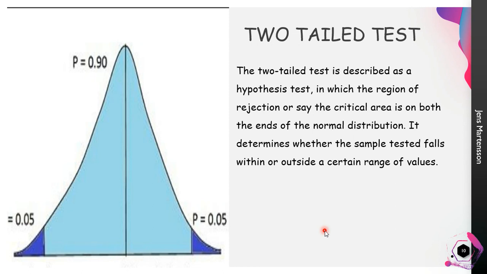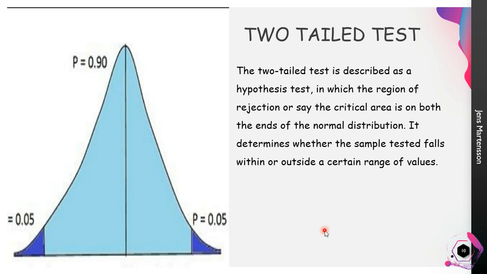Ibig sabihin nun, yung unshaded area or the non-critical region is 90%. Kailangan alam ninyo po kung ilang percentage yan para at least aware tayo na hindi po lalagpas yung computation natin doon sa area ng normal curve. So that is the difference between the one-tailed and the two-tailed.